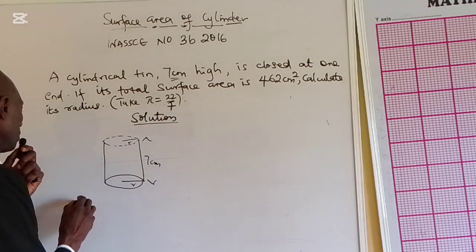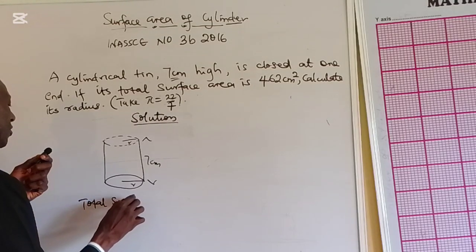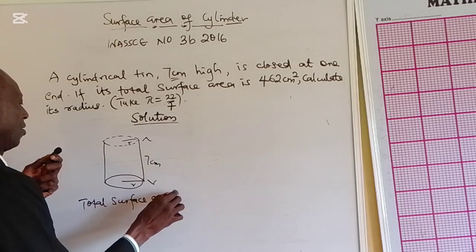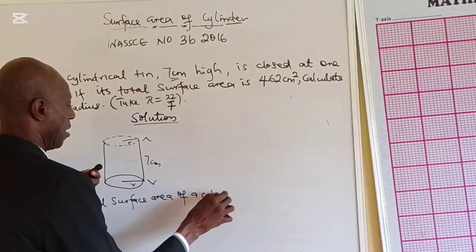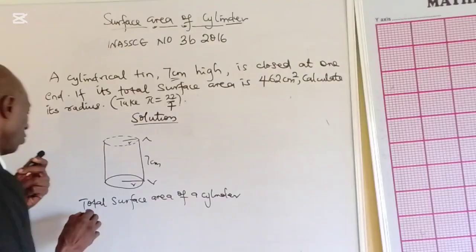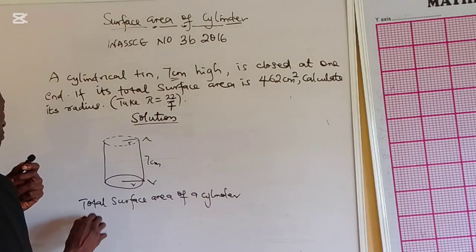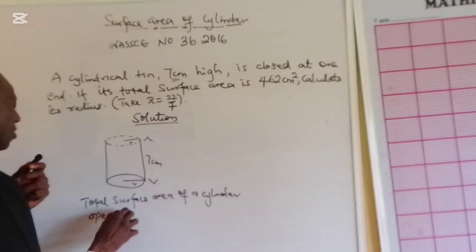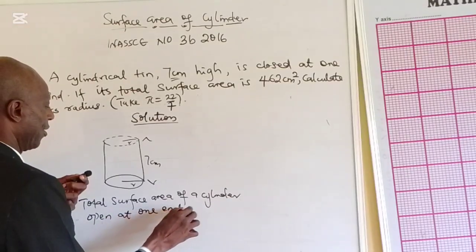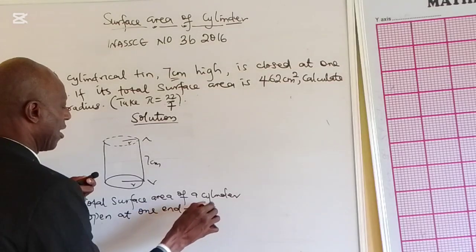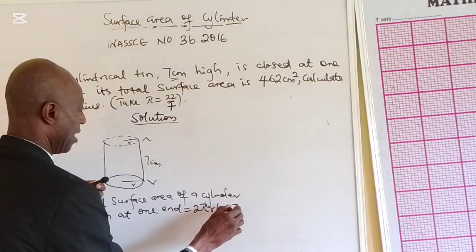Now, the total surface area of a cylinder, closed or open at one end, is equal to the curved surface area of a cylinder plus the area of a circle.